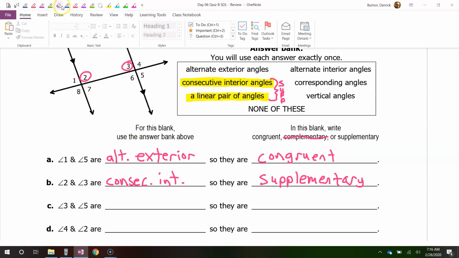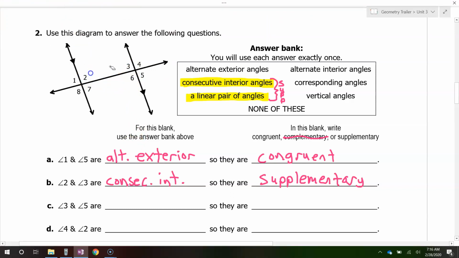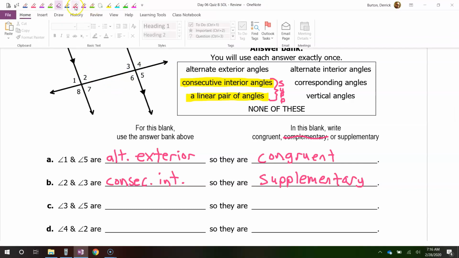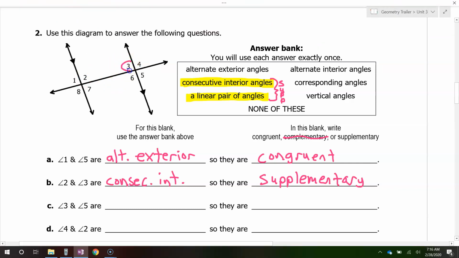Okay, how about angles 3 and 5? All right, angles 3 and 5 are vertical angles. It has nothing to do with the parallel lines being cut by a transversal.